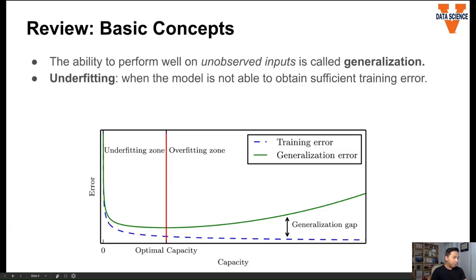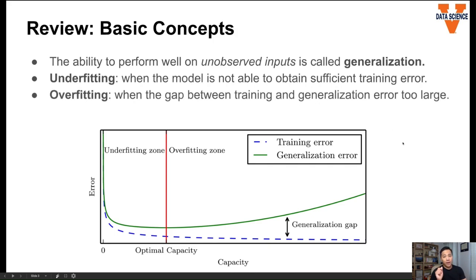If you do not have low enough training error, your model is underfitting. The opposite is overfitting: your training error is low, but your generalization error is high and starts taking off, and you have a gap between the two. That means your algorithm is overfit.